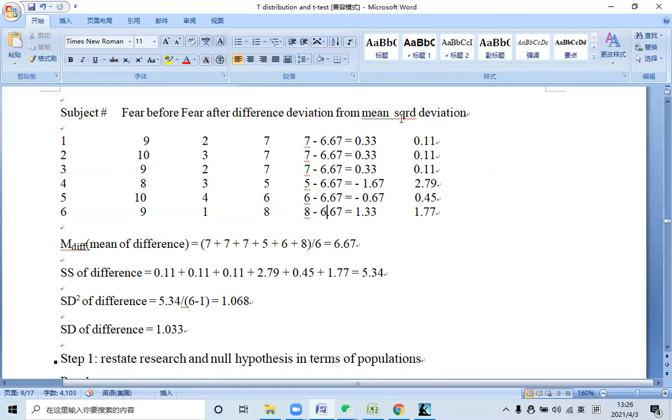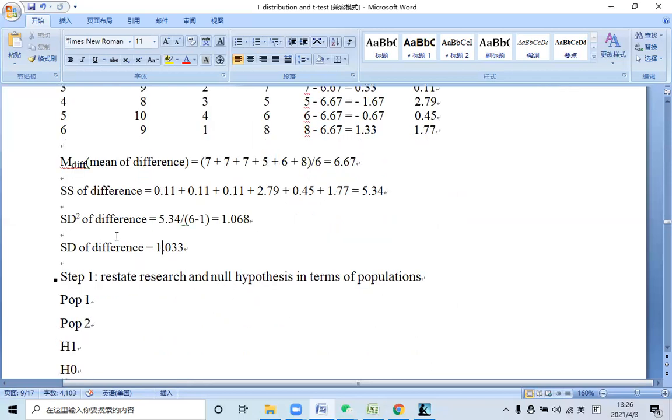And then you have the squared deviations, and you get the sum of squared deviations of the difference scores. And then you can get the variance. The variance is the sum of squared deviations divided by the degrees of freedom, n minus 1.